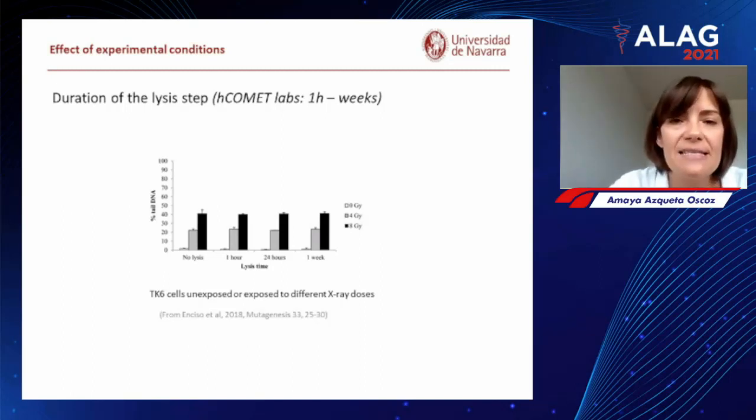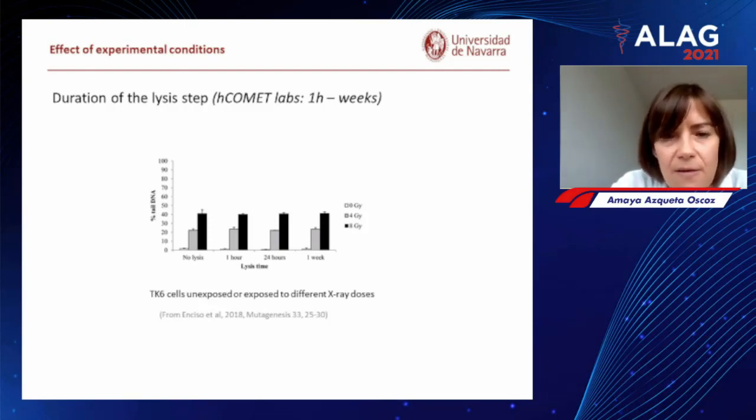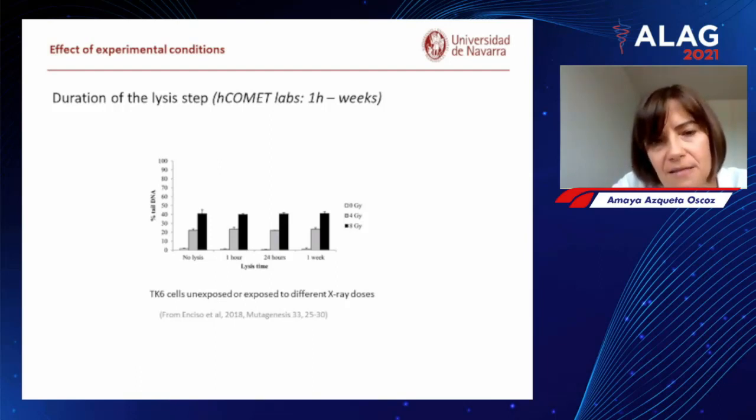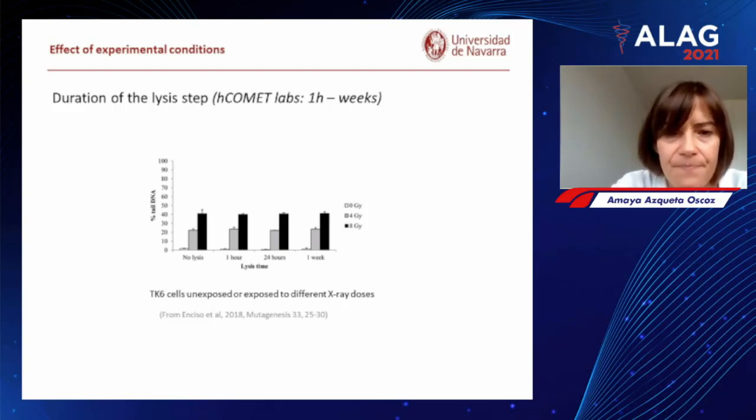Regarding the duration of the lysis step, here we have results obtained after analyzing TK6 cells untreated or exposed to 2 X-ray doses. They were analyzed using no lysis at all, 1 hour of lysis, 24 hours, and 1 week of lysis. And as you can see, all the results were the same. Surprisingly, no lysis gave the same results as 1 hour, 24 hours, or 1 week of lysis.